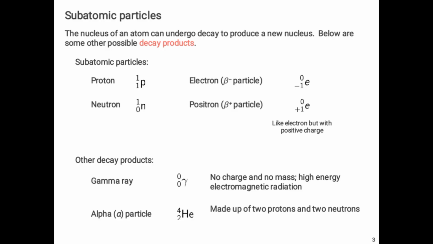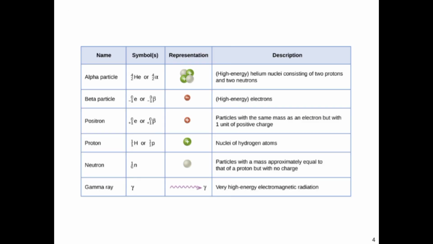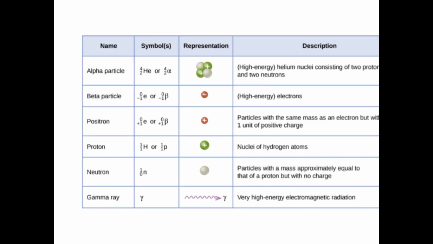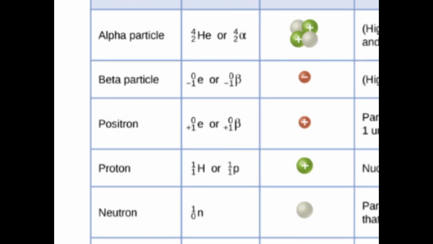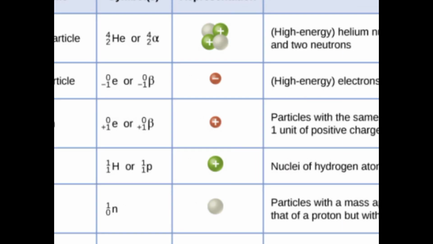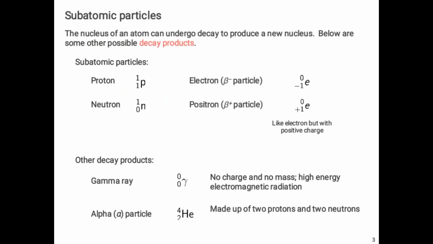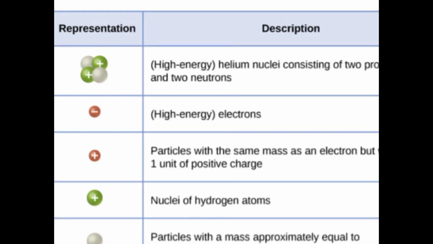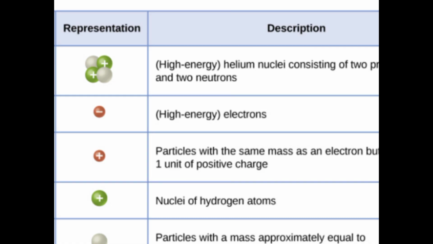Alpha particles are helium nuclei made up of two protons and two neutrons. The alpha particle is helium 4 2, a high energy helium nucleus, consisting of two protons and two neutrons.